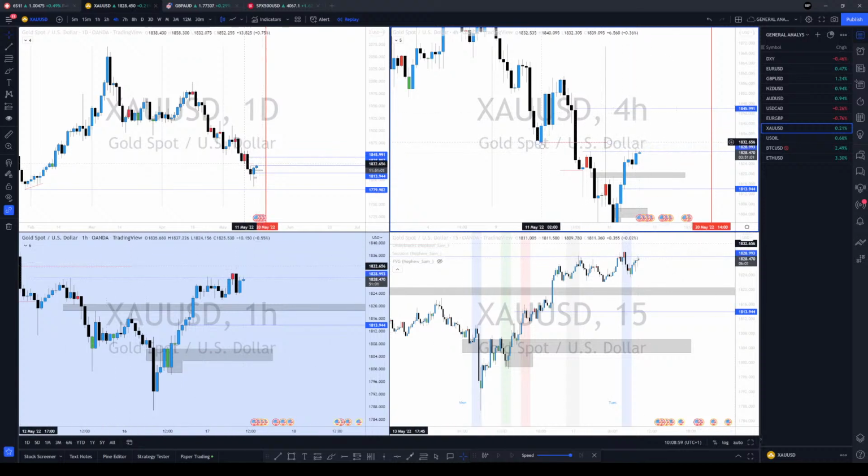So this move up here that I've highlighted the low, it's the bearish order block and the mean threshold. That's all I've done, right? So either the bearish order block low or the mean threshold.